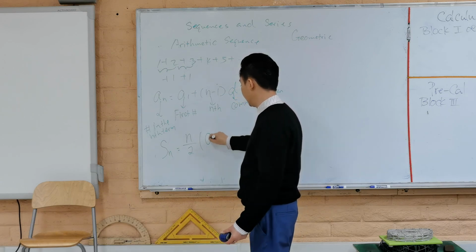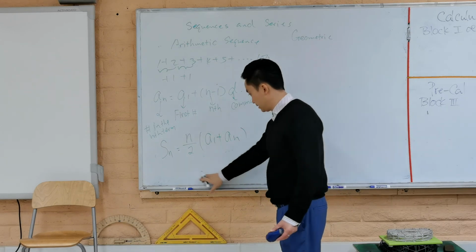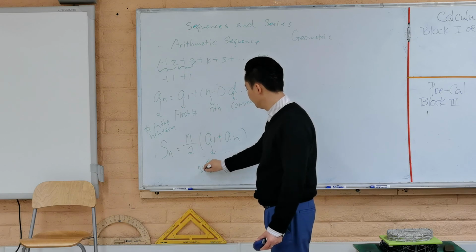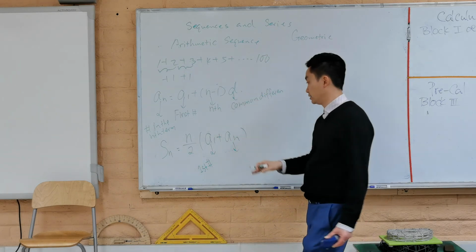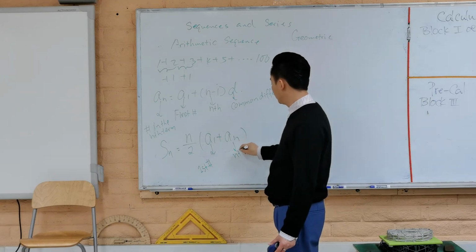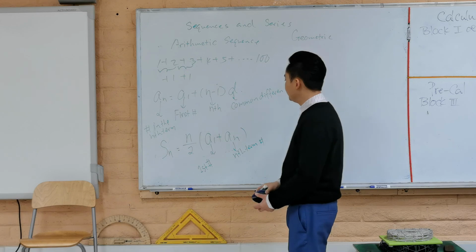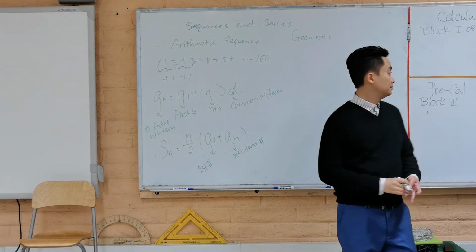It's a sub 1 plus a sub n. Again, a sub 1 means the first number that you started with, and a sub n means the last number in the sequence, or the nth term. Okay? So once you put this all together, you get the sum.